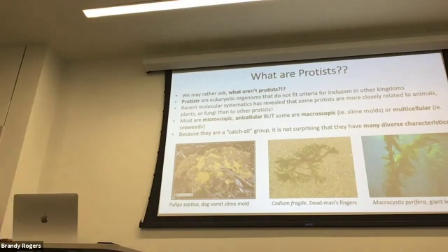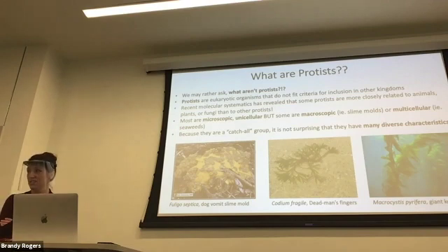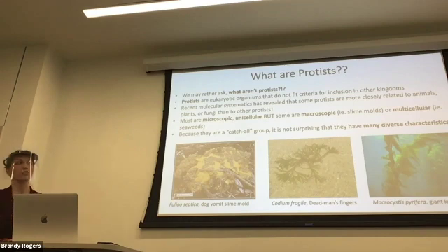So the kingdom Protists is really a catch-all group for eukaryotic organisms that don't fit in those other groups. That's why I say it's more realistic or more fair to ask what aren't they? They aren't plants, they aren't animals, and they aren't fungi. So they lump them all together into a big pool and call them Protists.